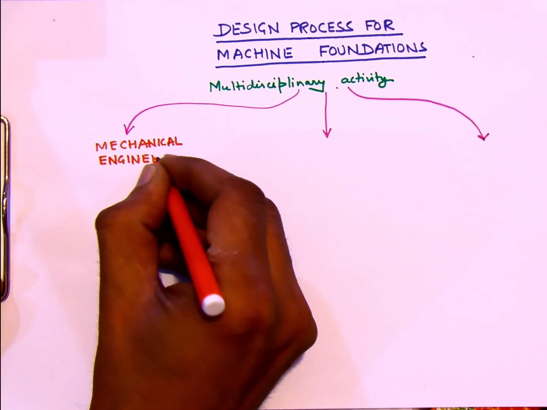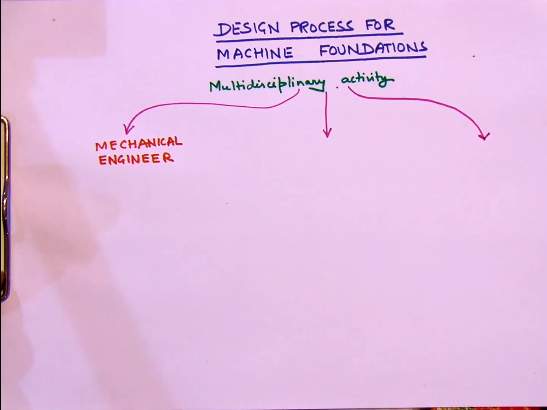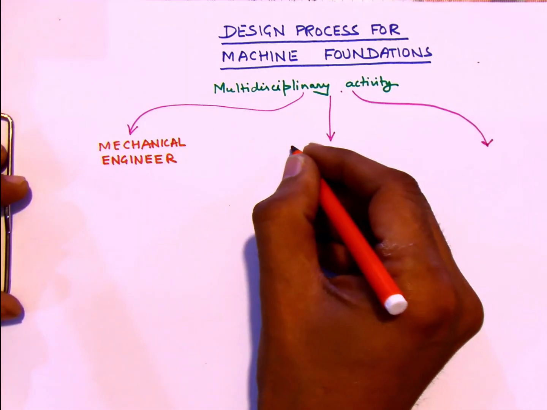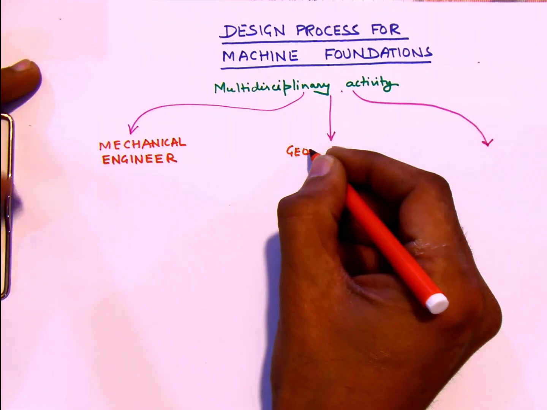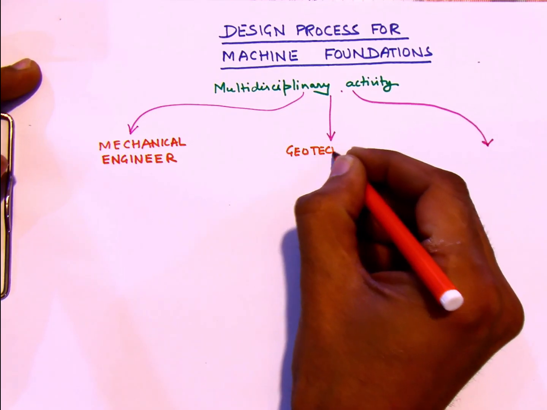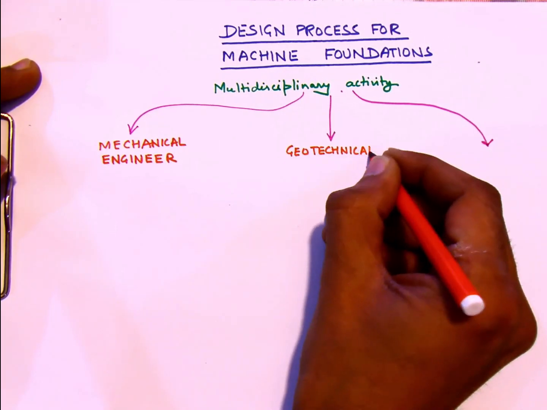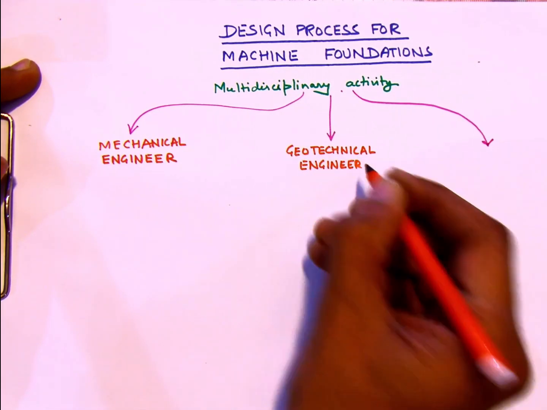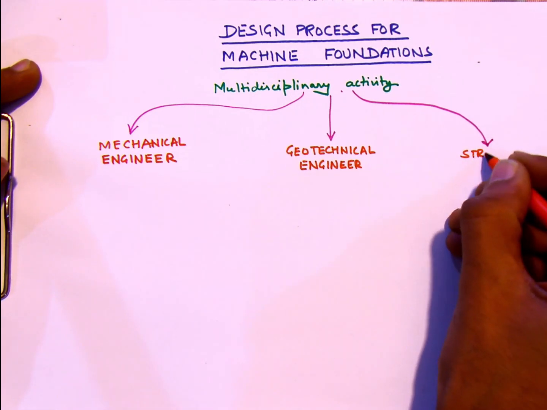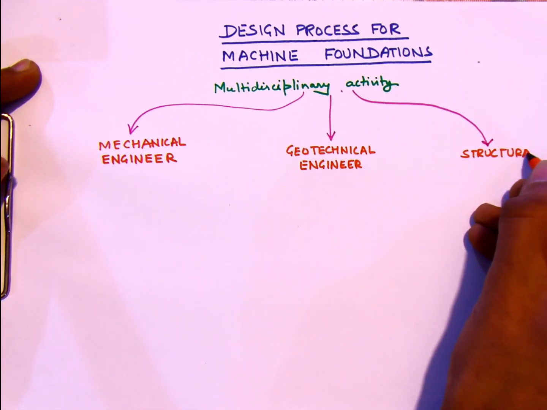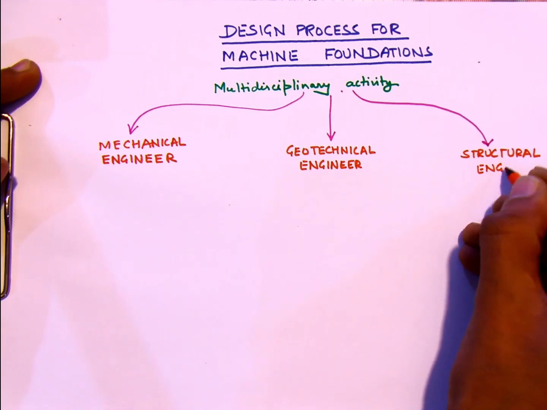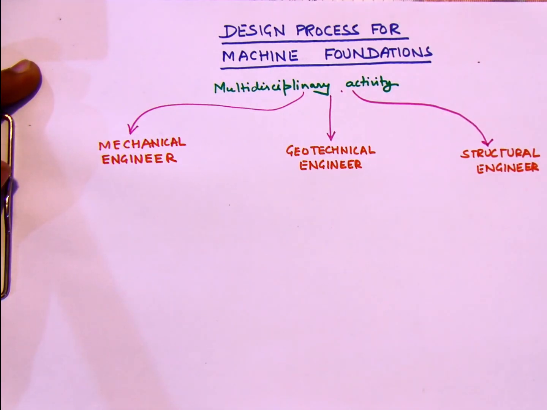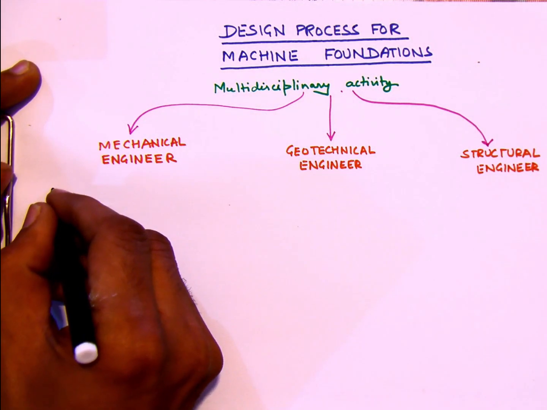The first is mechanical engineer, who is from the manufacturing domain. Then the geotechnical engineer is involved. Both the mechanical engineering and geotechnical engineering inputs are transferred to the structural engineer, who is finally involved in the design of the machine foundation.